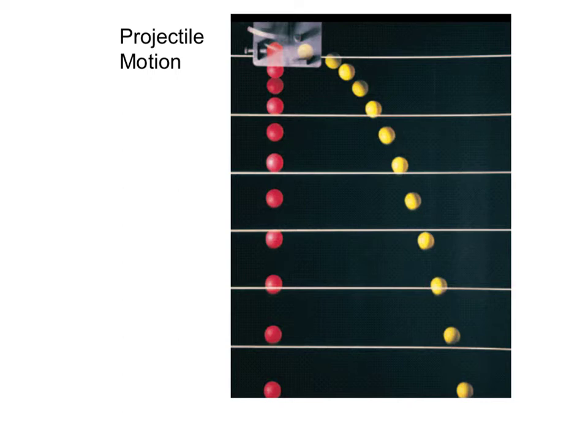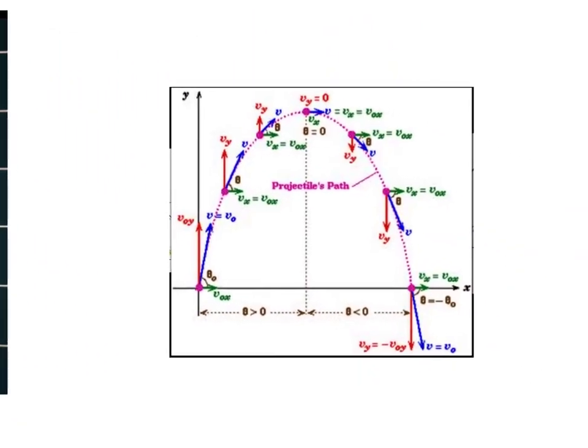But the object has a constant velocity in the x direction. That is, its change in position versus time in the x direction is constant. That is the main objective behind projectile motion, is to understand how that works.